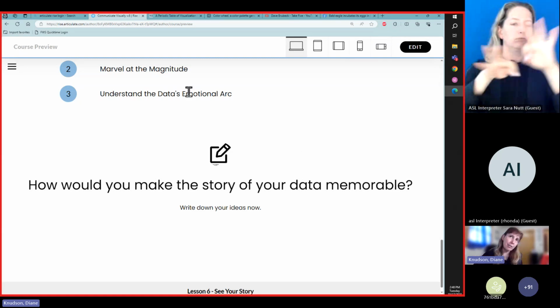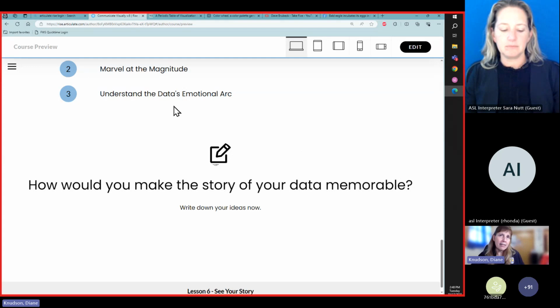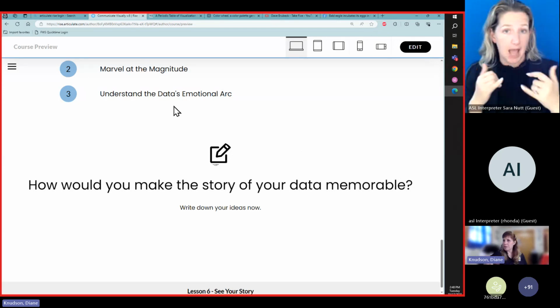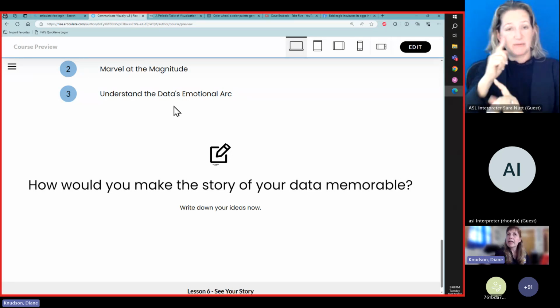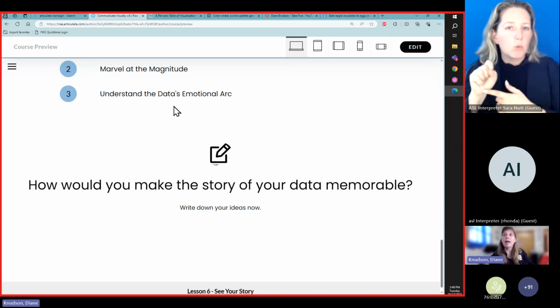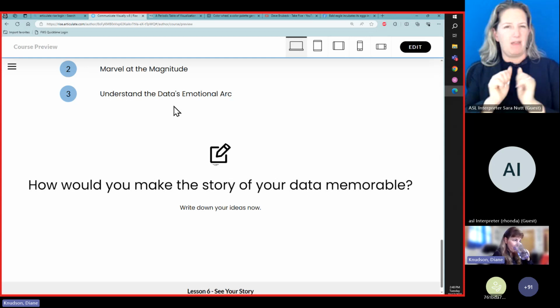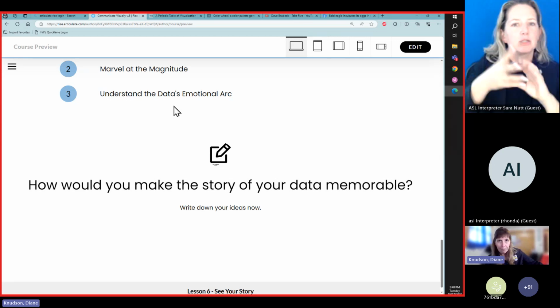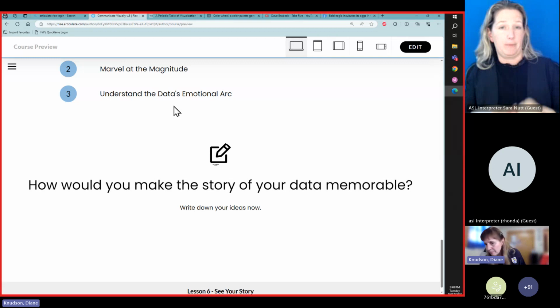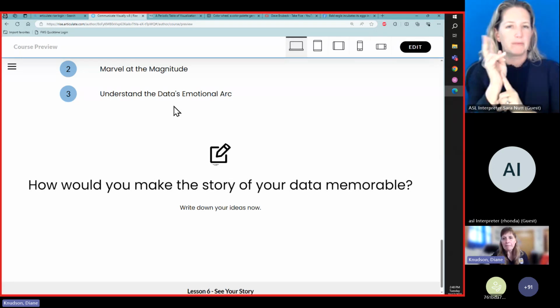So now I'd like you to take a couple of minutes and record in your notes. You can share in the chat window if you like. How would you make the story of your data memorable? And we'll have just about 2 minutes for this.